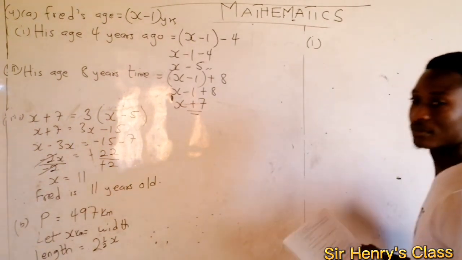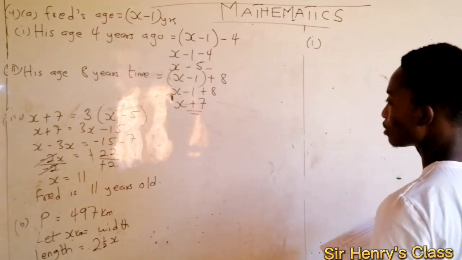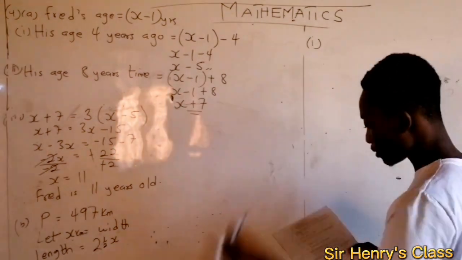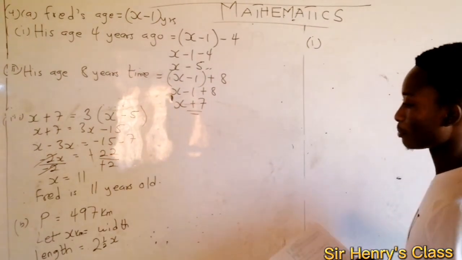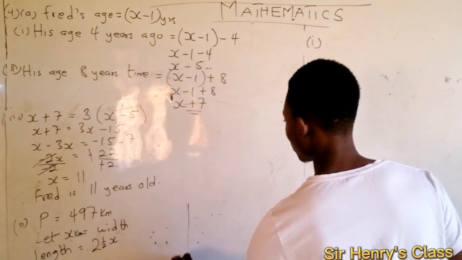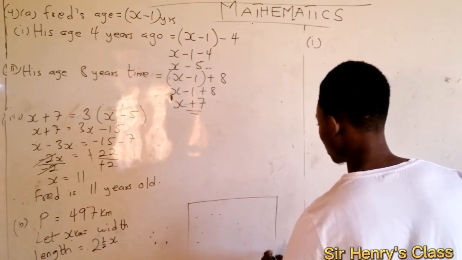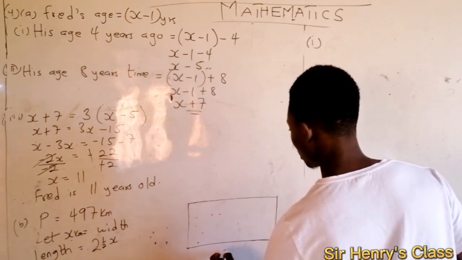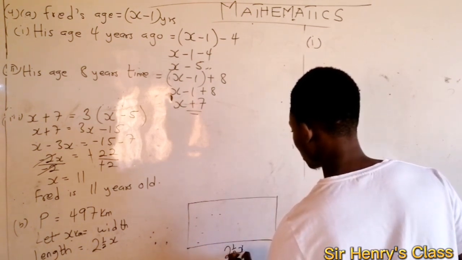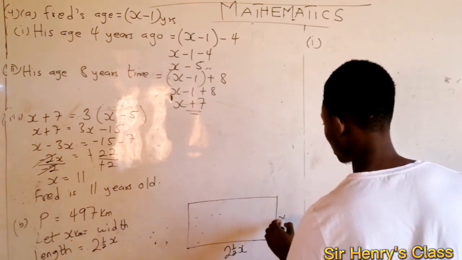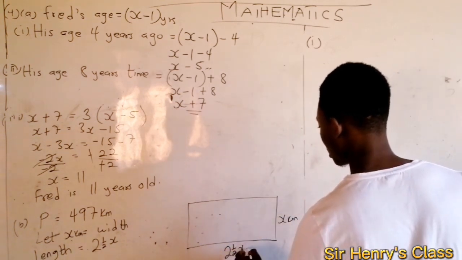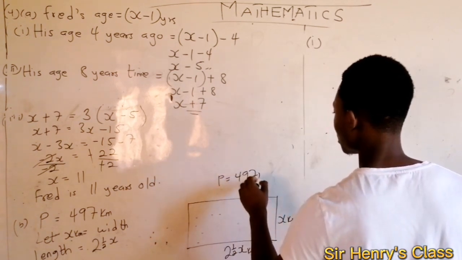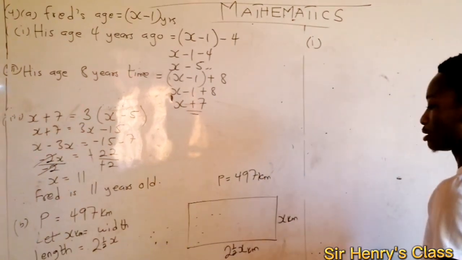Length is 2.5x. Now here we are going to use the idea of finding the perimeter of a rectangle. This is a rectangular pool farm. So I can do a sketch of this. The length being 2.5x, the width being x kilometers, perimeter being 497 kilometers. You see?